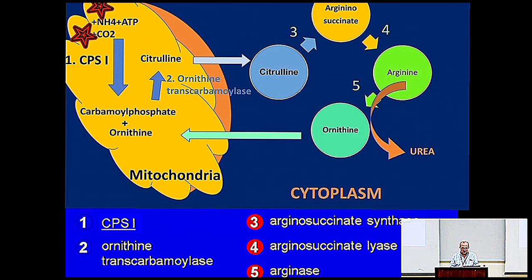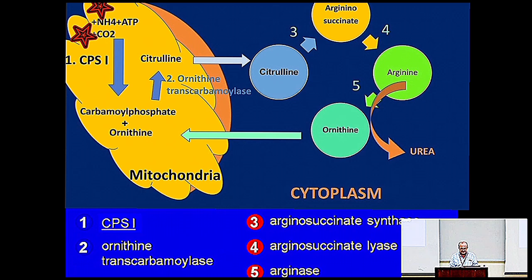Argininosuccinate is broken down to arginine by argininosuccinate lyase, releasing the carbon skeleton as fumarate. This is just to tell you that really the fumarate is recycled. Don't worry about all the details here, but it's recycled. It's not wasted. It's used to make malate or oxaloacetate and so on.